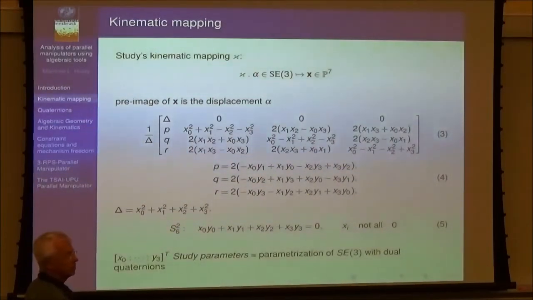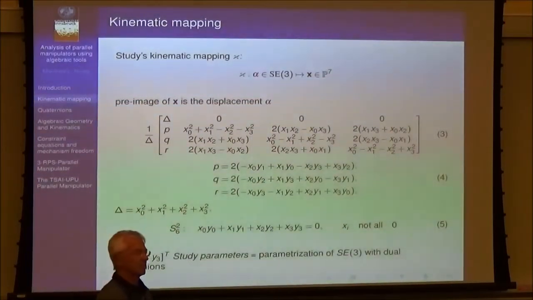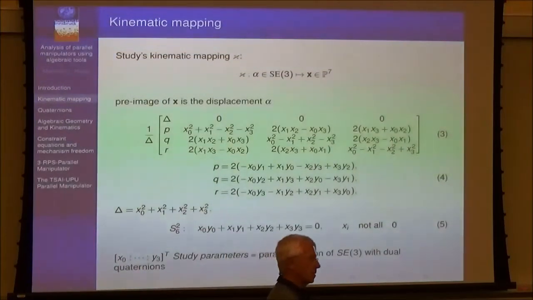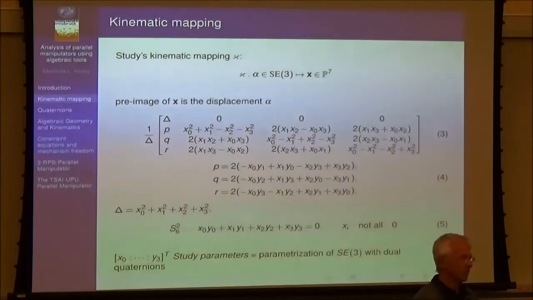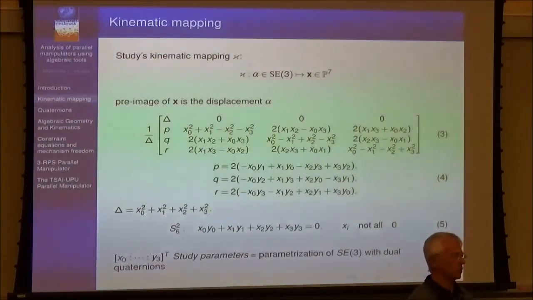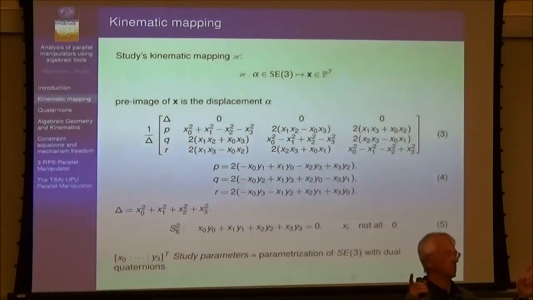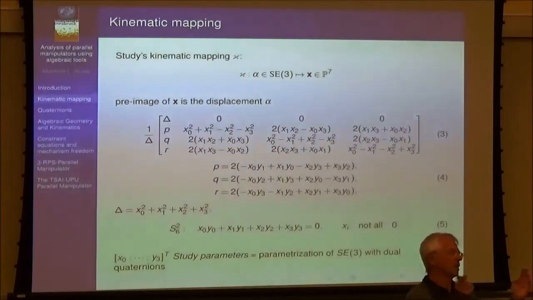We have 8, and how come it's 7-dimensional? You have an 8-dimensional vector space, which corresponds to a 7-dimensional projective space because the coordinates are homogeneous. Only 7 of them are relevant.